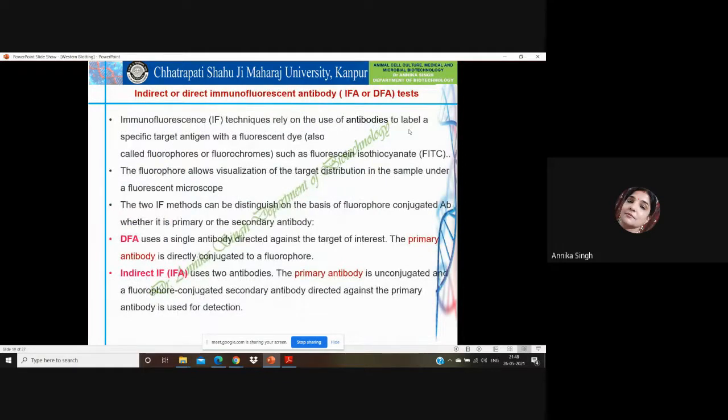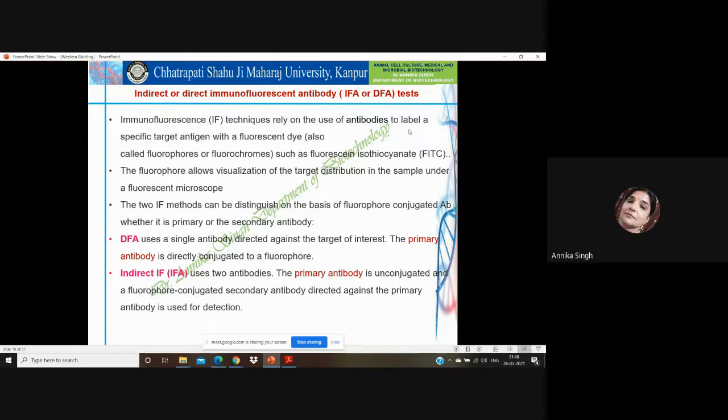Actually, the immunofluorescence technique relies on the use of labeled antibodies, and this labeling is with a fluorescent dye, which is known as fluorophore or fluorochrome. The most commonly used fluorescent dye is fluorescein isothiocyanate.